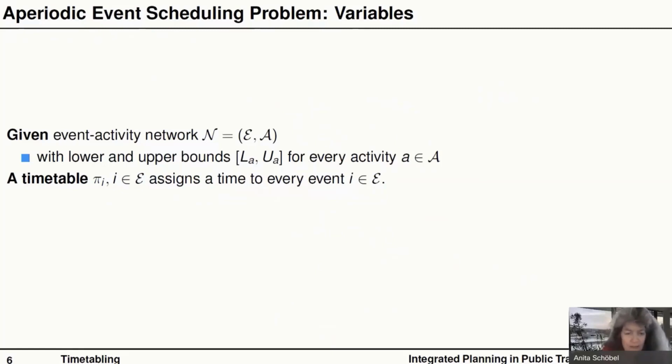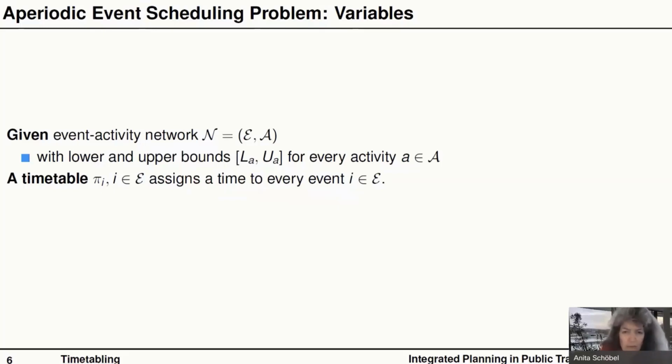And then we need the variables. A timetable is defined as something that assigns a time to every event. The events in our network correspond to arrivals and departures of buses or trains at stations, and a timetable is nothing else but an assignment of times to these events.